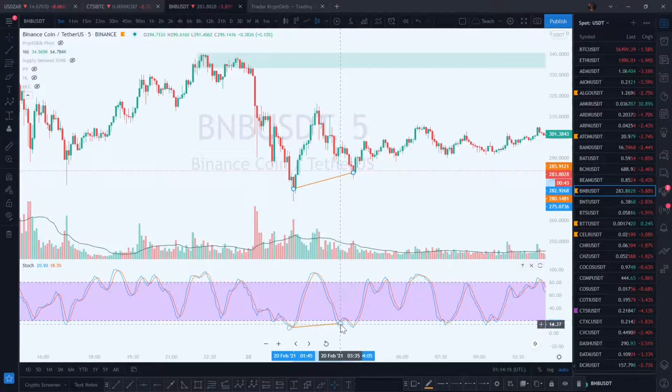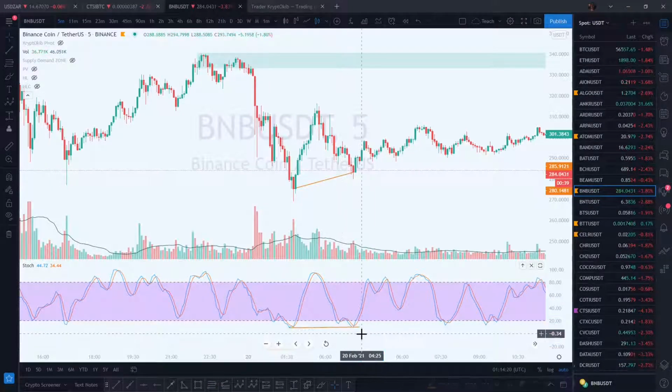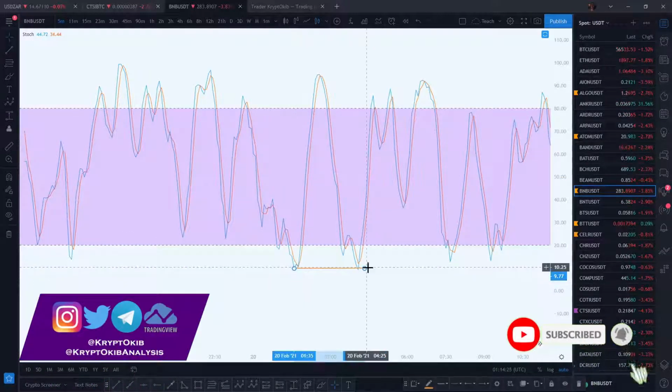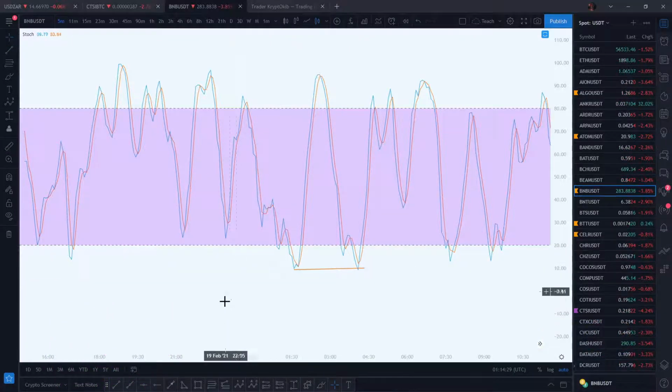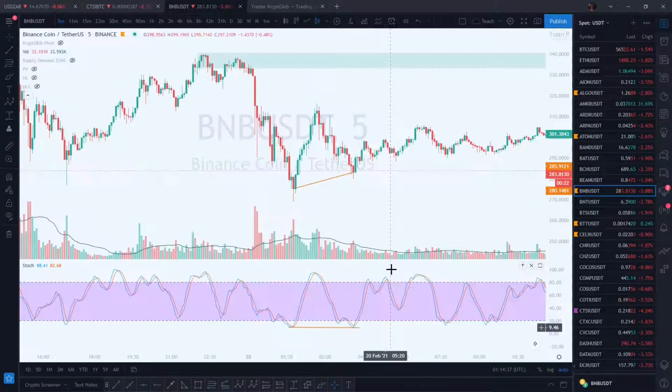What did we see? We saw the indicator making equal lows or a lower low. Let me see that clearly. I think it's a lower low. You can just see that slightly. Exactly, it's a lower low. So that is a divergence on its own.